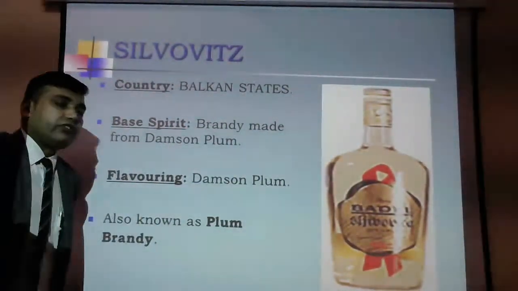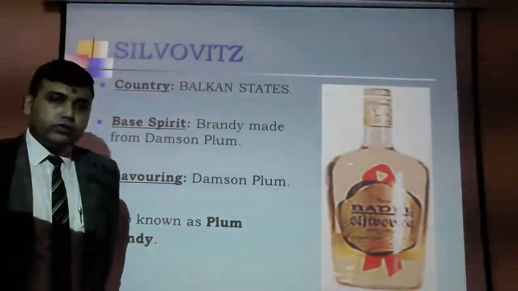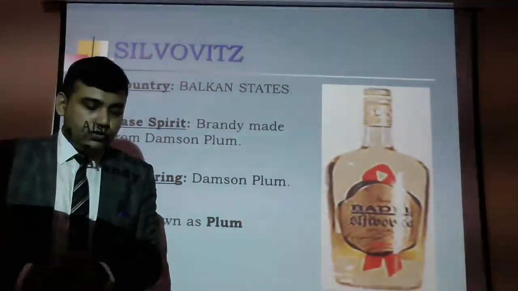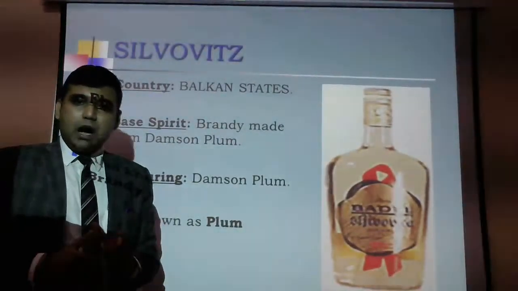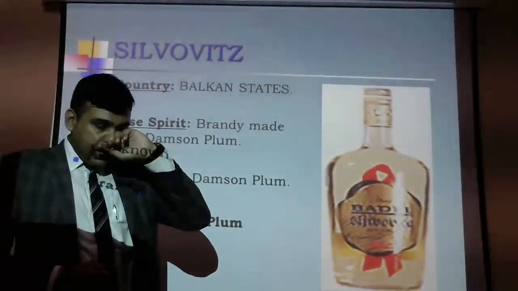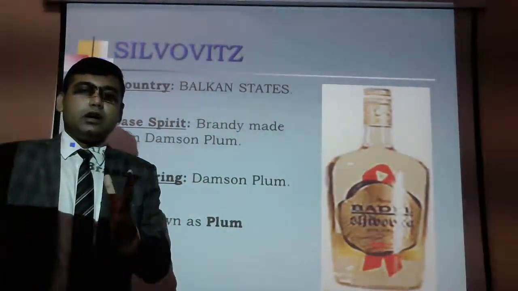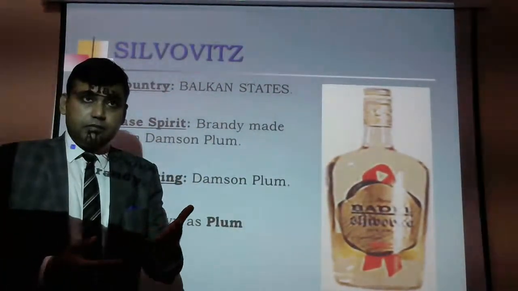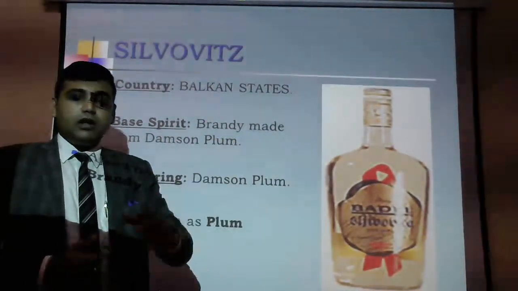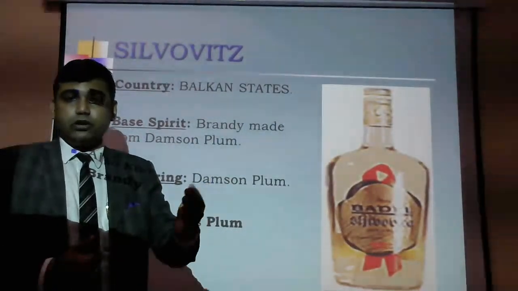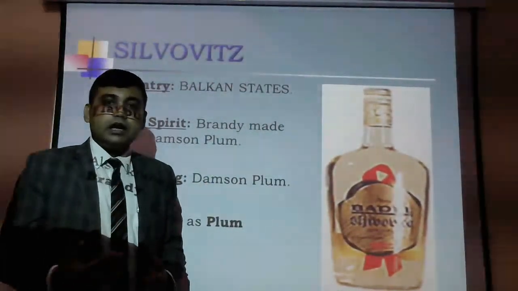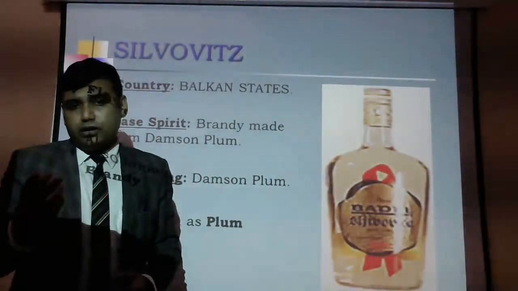Next, Slivovitz. Now, Slivovitz is again from the Balkan states. Now, when you say Baltic states, they are like the Scandinavian countries, where Norway, Finland, and other places like Denmark are. Baltic states are Latvia, Lithuania, and a certain part of Russia.